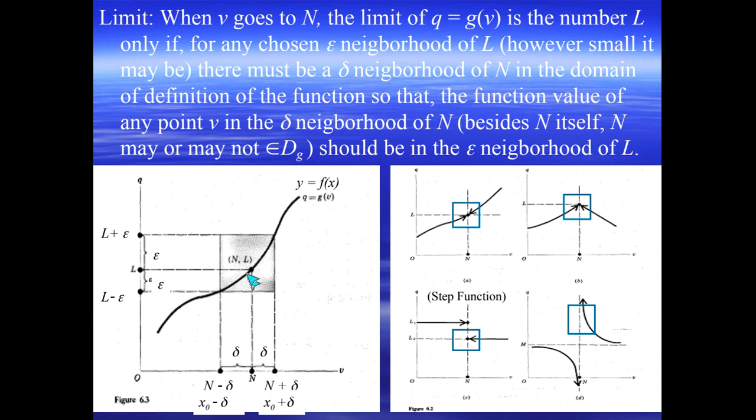What the definition says is that if I diminish this frame vertically, if I choose epsilon smaller and smaller positive numbers, then I diminish the vertical distance L minus epsilon, L plus epsilon. For each epsilon, however small I choose this distance, I should be able to diminish as well the distance N minus delta and N plus delta.